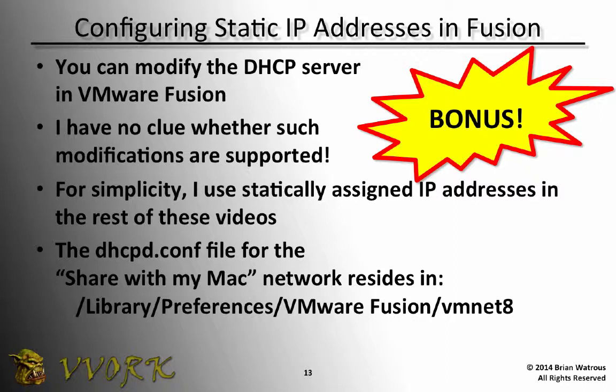So if you want to, you can skip the rest of this video, but I think there's a couple of interesting things in here if you hang on. So last bullet here, the DHCP.conf file. That's the configuration file for a DHCP server. Fusion actually potentially has multiple DHCP servers, one corresponding to each of the networks in Fusion. And you can create your own networks in Fusion.